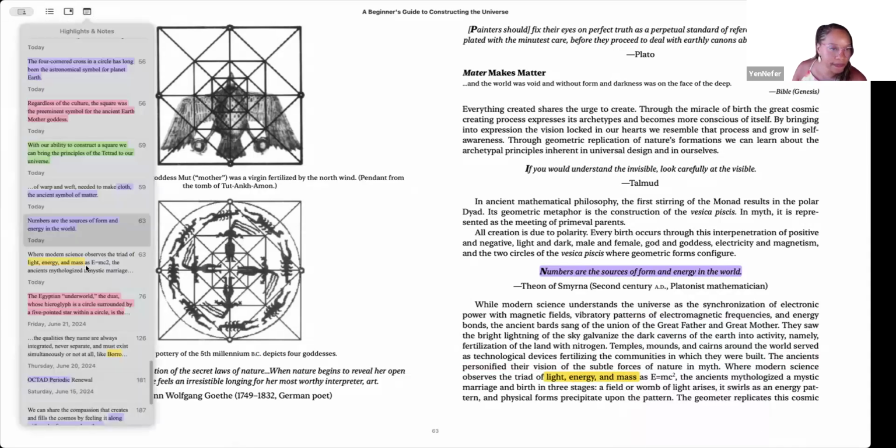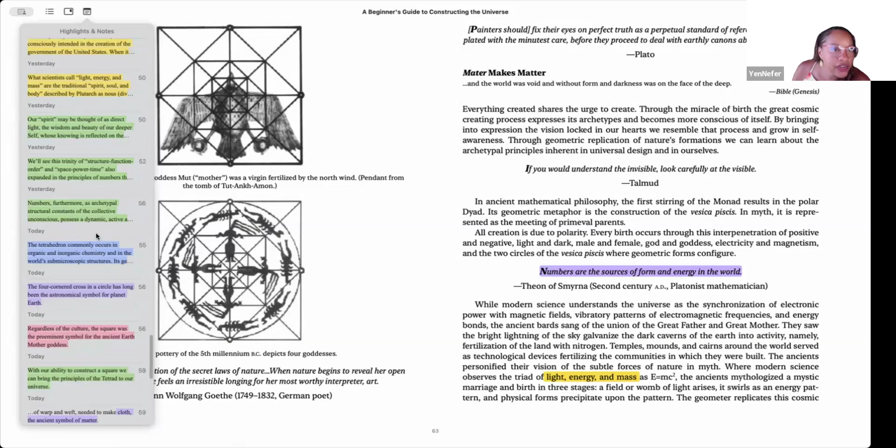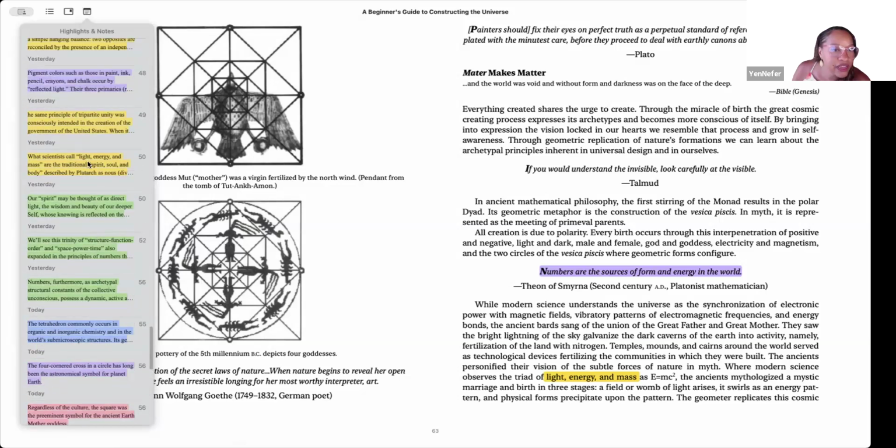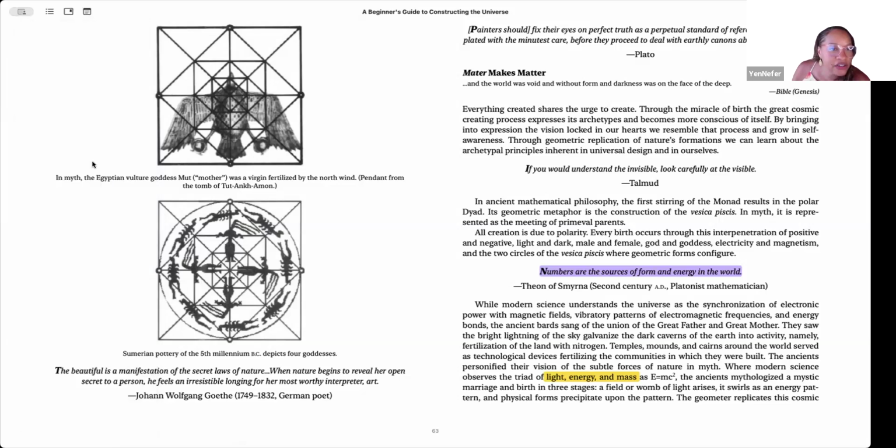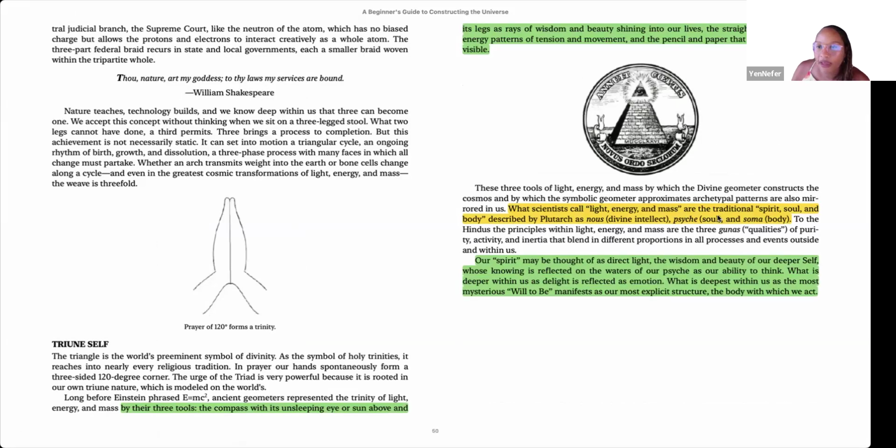So from yesterday, yeah, this one. What scientists call light, energy, and mass are the traditional spirit, soul, and body described by Plutarch as nous, psyche, and soma. And so basically we kind of have the parallels.